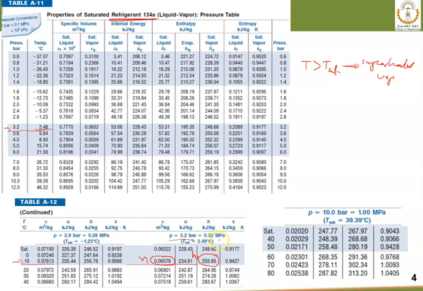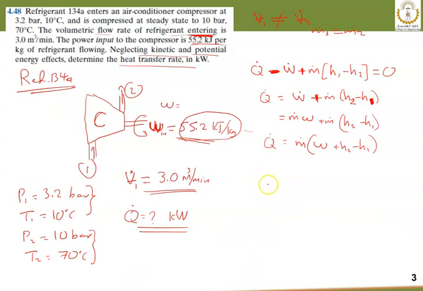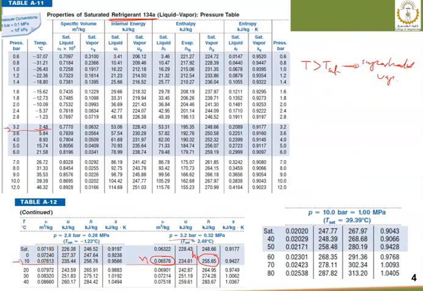So from V1 we can get m dot equals V dot 1 over V1. We have both, then we can get m dot. So m dot is found. H1 also we found from the table, and for H2 we have also pressure and temperature. The pressure is 10 bar and the temperature is 70. So the pressure of 10 bar is this.